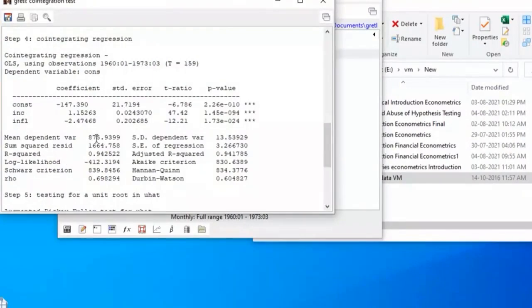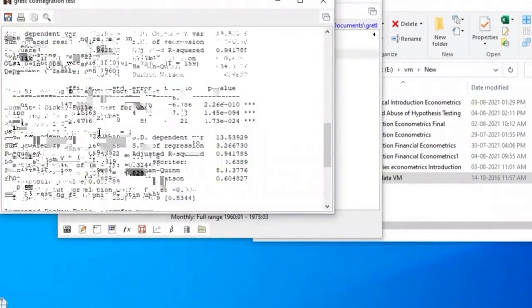So even though this regression is in level variables, since there is co-integration among the three variables, this regression is not spurious. This is a valid regression. This is the long-run relationship between consumption, income, and inflation. This equation we can take as such. There is no problem.